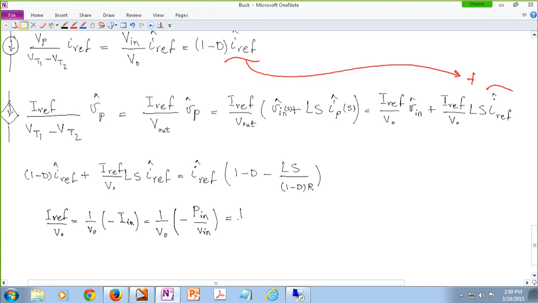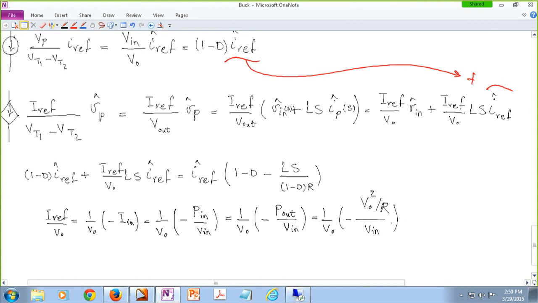Or the input power and the output power are the same. So I can write it in this form, or the output power is V out squared over R divided by Vin. All right.